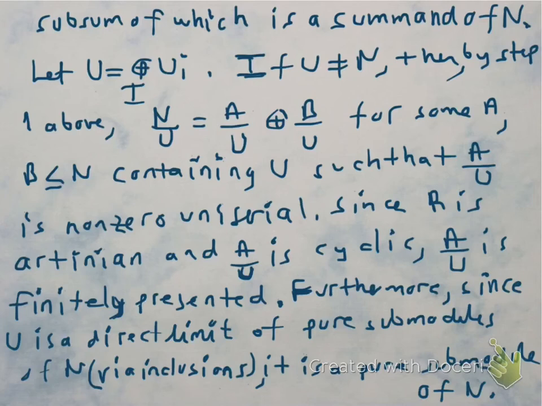That's why U is a pure submodule of N, and hence of A, which implies that this projection with kernel U has to split, because any pure epimorphism onto a pure projective module is a split epimorphism. So U is a direct summand of A.